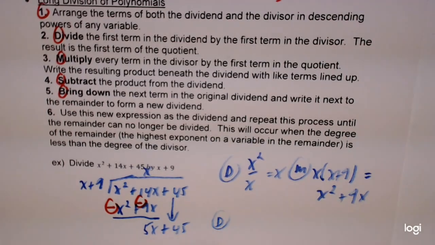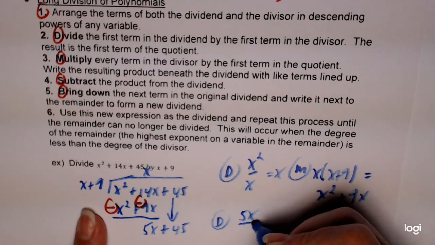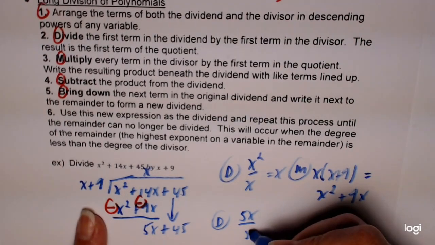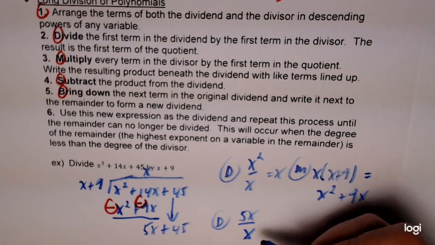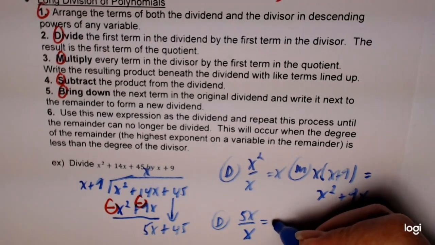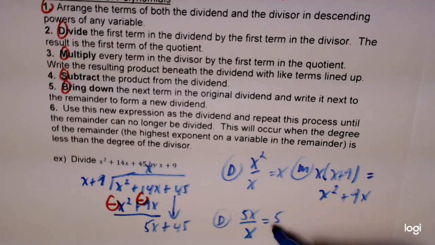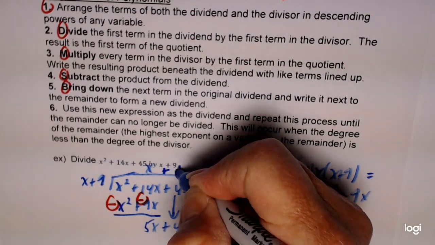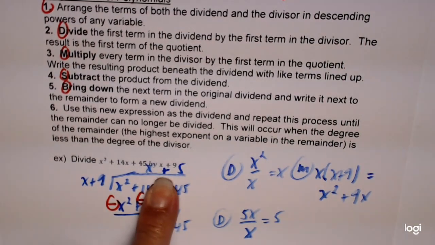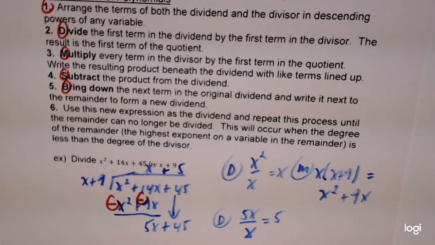So we divide first by first. So 5x divided by x is 5. I was jumping to my answer there. And positive 5, so we put the plus sign here because now this is a different term, so we're going to have a plus or minus sign in between each term.